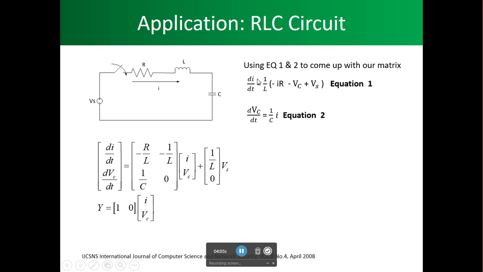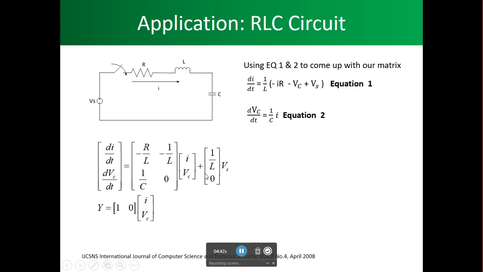Okay, so what we're doing here is we have negative R over L for I. Then for our voltage, we just have negative 1 over L. Then we also have plus our voltage source, and this is going to be a vector by itself, our voltage source, and that's 1 over L.